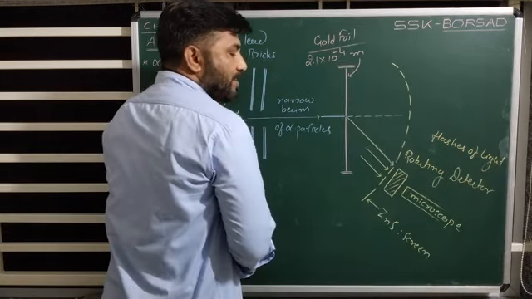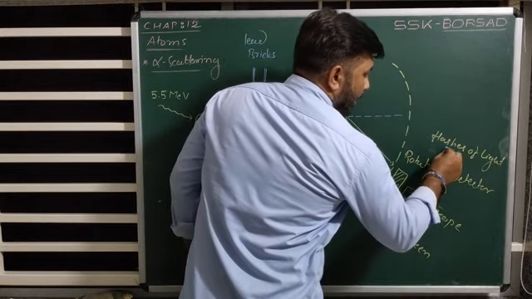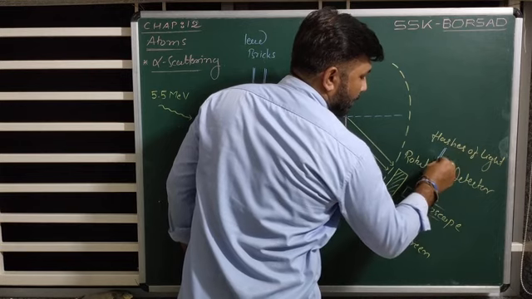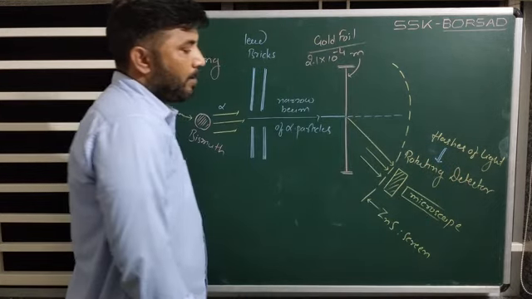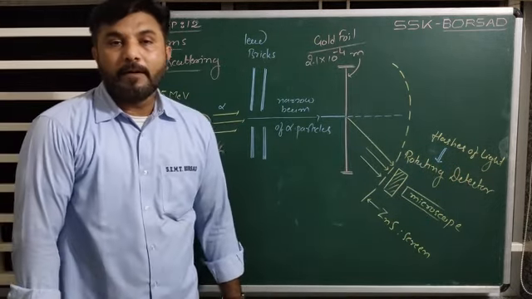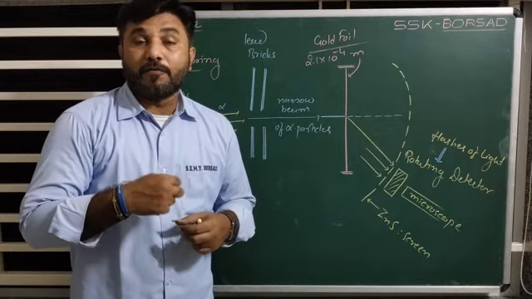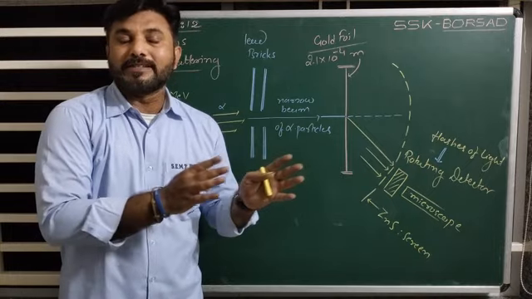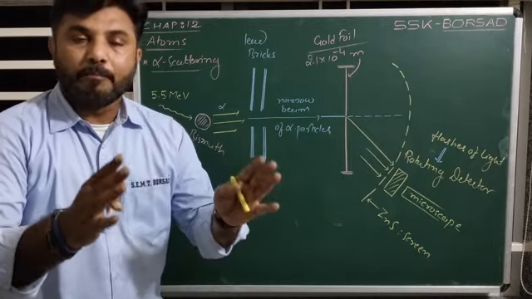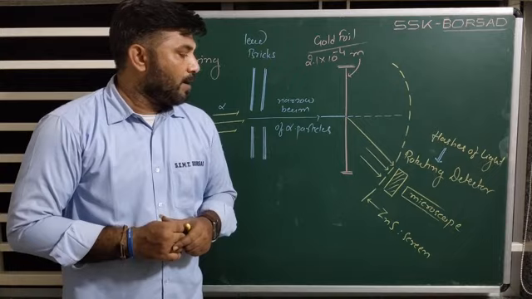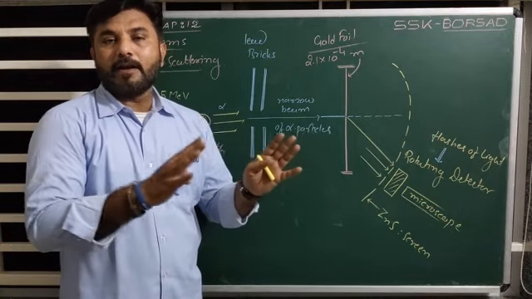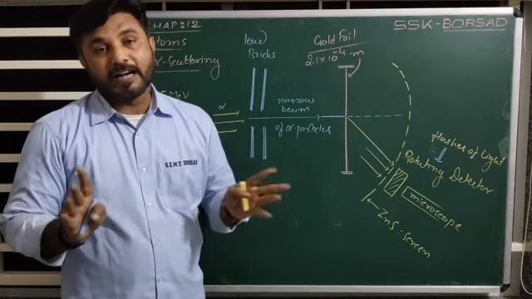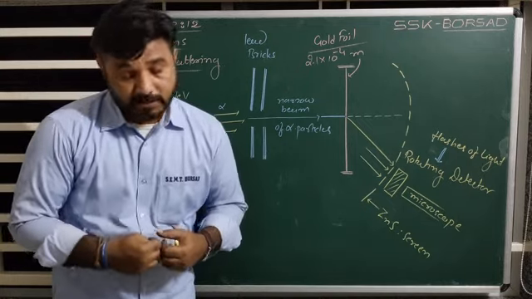And those flashes of light are detected by the rotating detector. And from the record of those flashes of light, we come to know the scattering of alpha particles. Okay, so this is the practical arrangement of the Geiger-Marsden experiment. The question will be like this.